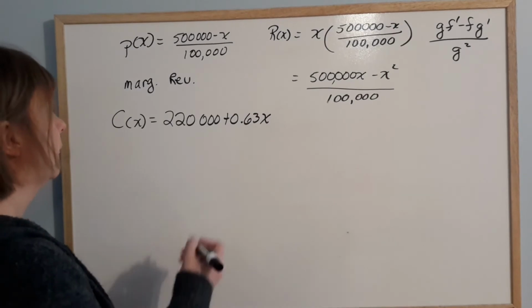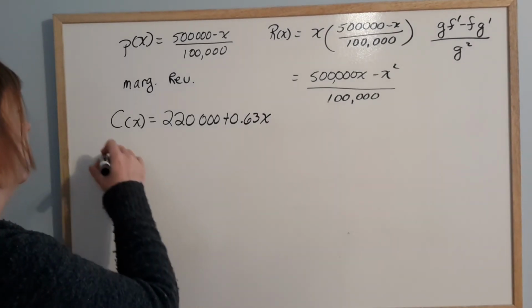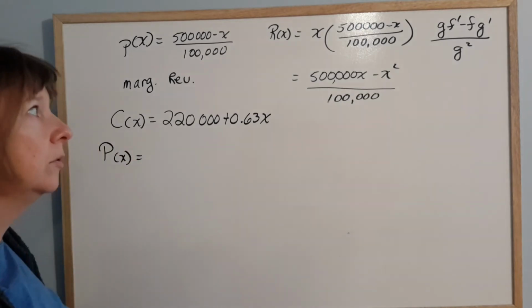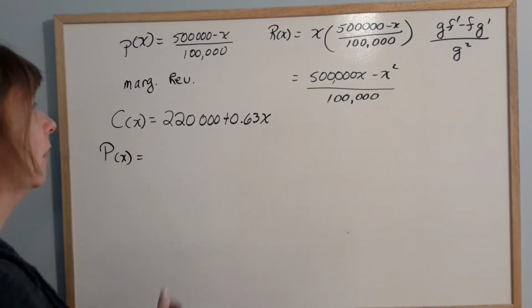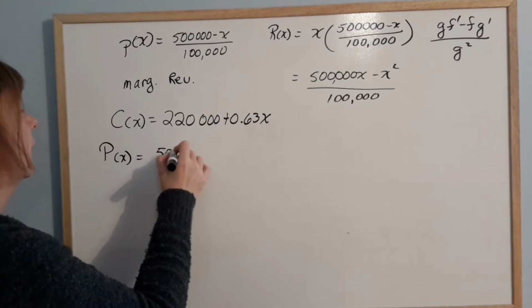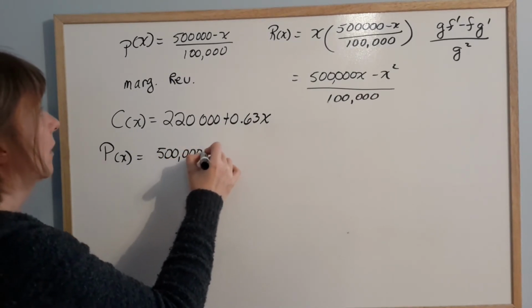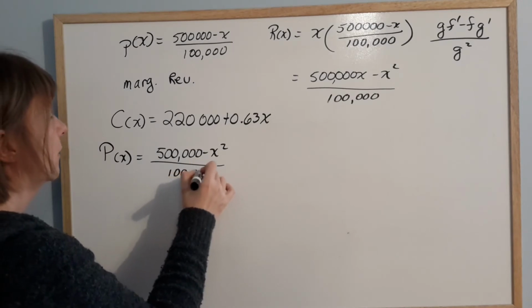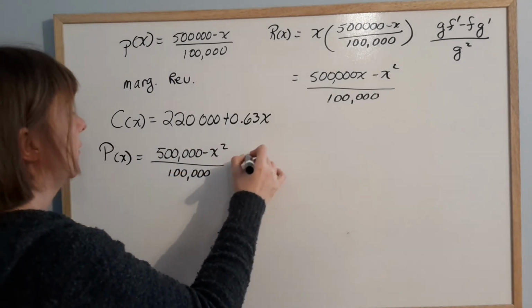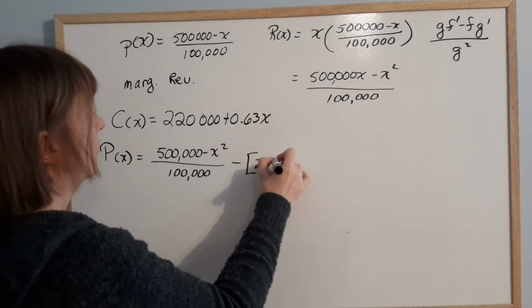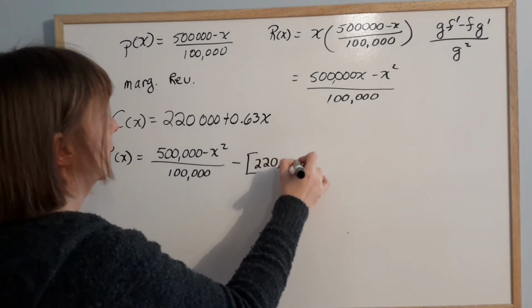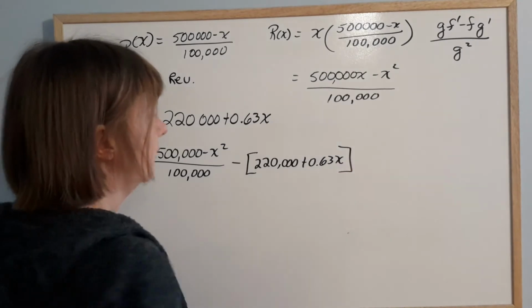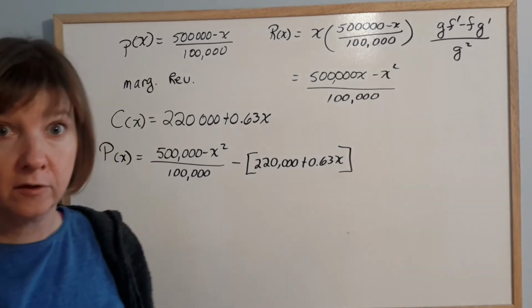So first off, we have to figure out profit. Profit, remember, is revenue, the money coming in, minus the cost. So it's 500,000x minus x squared over 100,000 minus the cost, 220,000 plus 0.63x. That's the cost.